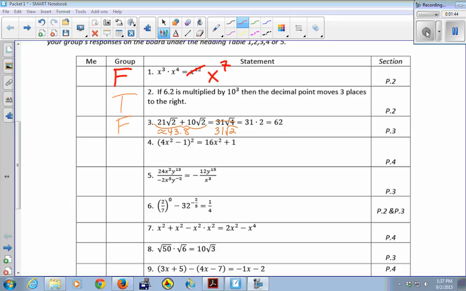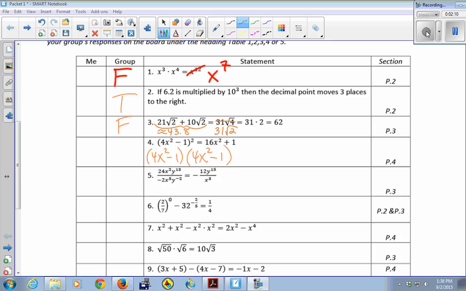All right, 4x squared minus 1, all squared. Is that equal to 16x squared plus 1? It's a very common mistake, which is why I put it on the very first day. This is not true, because 4x squared minus 1 squared means 4x squared minus 1 times 4x squared minus 1.